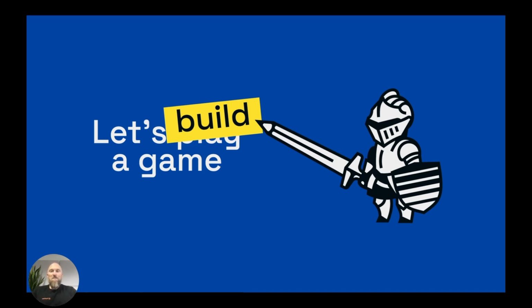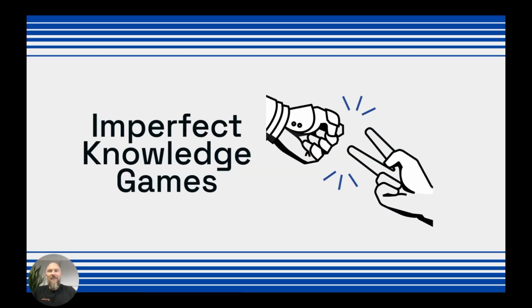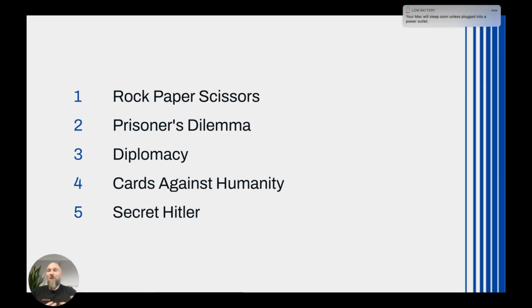So let's build a game. One of the perfect opportunities for Shutter is imperfect knowledge games or simultaneous move games. And there are a wide range of games in these categories. Of course, rock, paper, scissors is a perfect example, but so is the very well-known Prisoner's Dilemma.